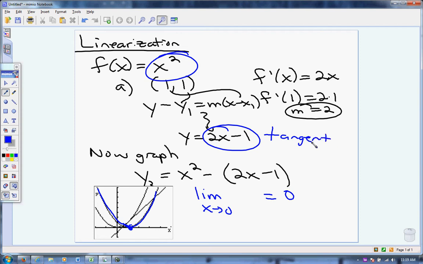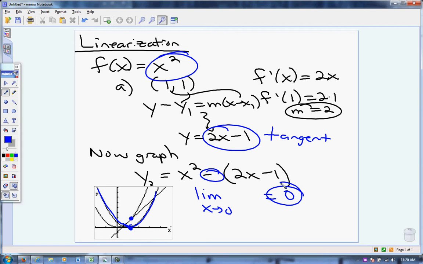So when I get close to 1, right here I'm looking at the tangent line. When I get close to 1, they approach the same value. That's why when I just subtracted one from the other, when I get close to 1, this thing approaches 0. Because in other words, as I get close to 1, they're kind of becoming the same thing.